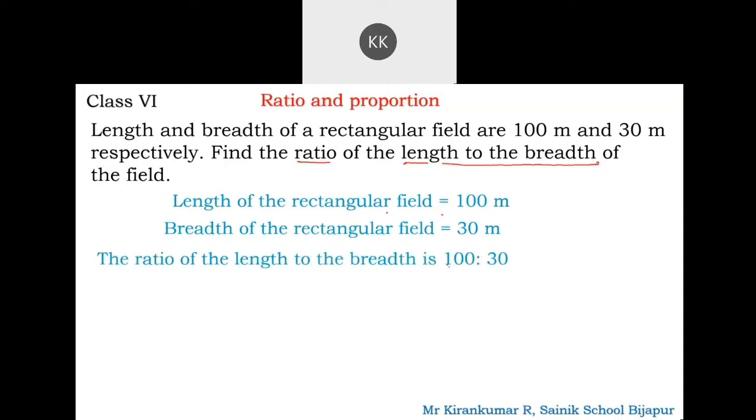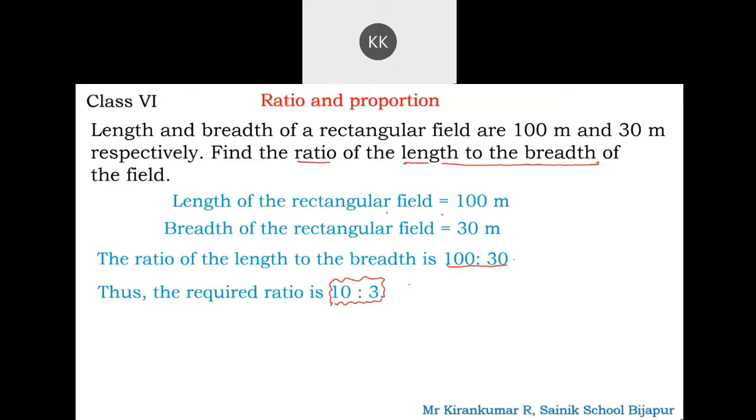When we find the ratio, it is 100 is to 30. When we simplify, we divide both the numbers by the same number, 10. So we get 10 is to 3. This 10 is to 3 is the simplest form of this ratio. These two are one and the same.